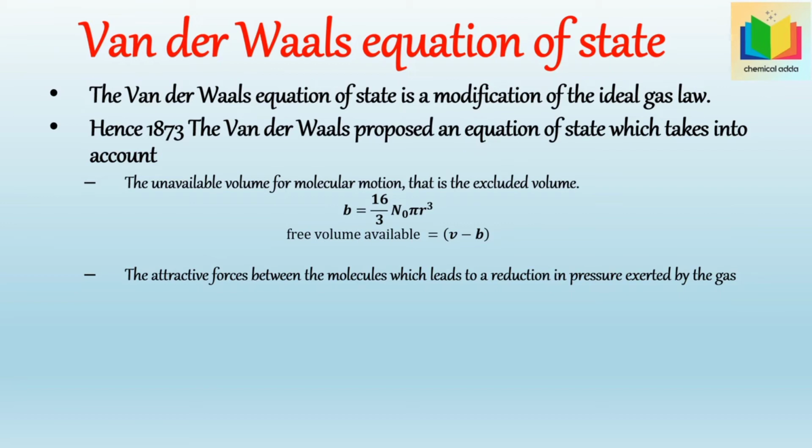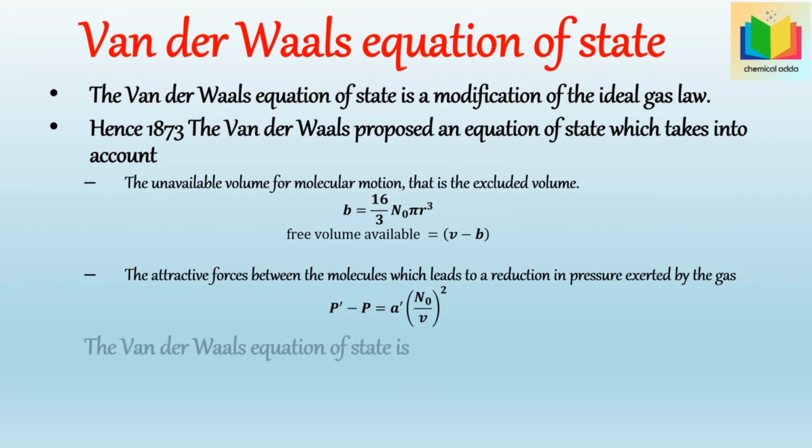Hence, the observed pressure will be less than the pressure which is exerted by the gas in the absence of the attractive forces. Therefore, the reduction in pressure, that is P dash minus P, is given by P dash minus P is equal to a dash into N0 by V raised to power 2.